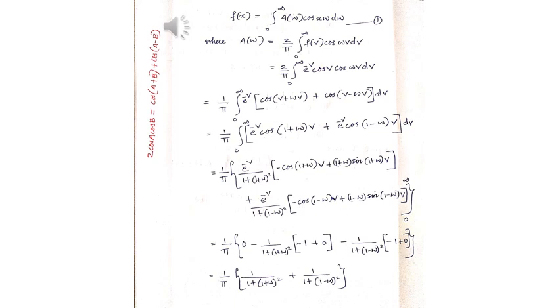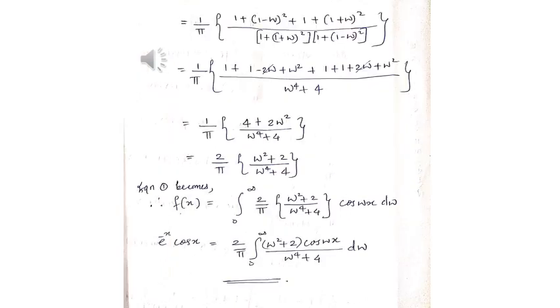For infinity, the upper limit part, you will get the value as 0. Then we are having only the lower limit part. So the a of omega you will get is 2 by pi into (omega square plus 2) divided by (omega raised to 4 plus 4), by the further calculation.